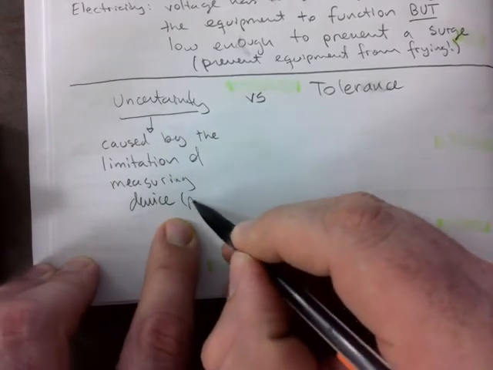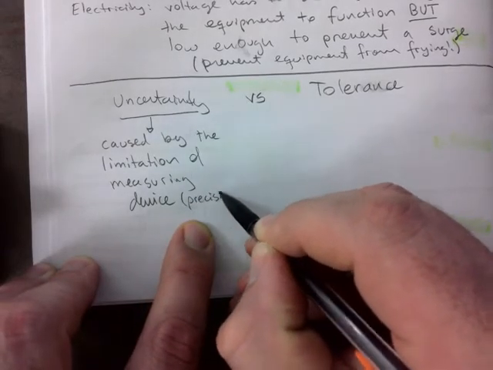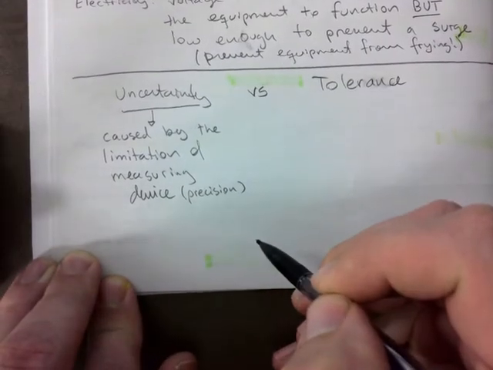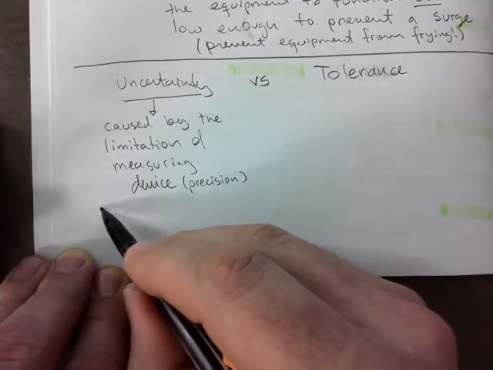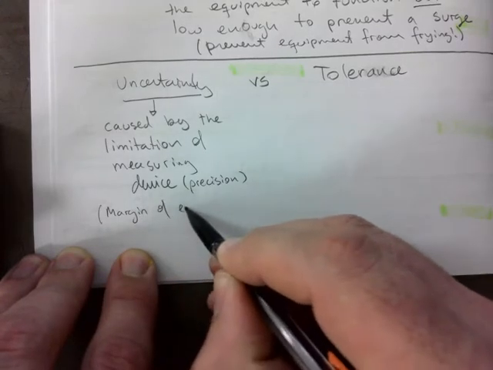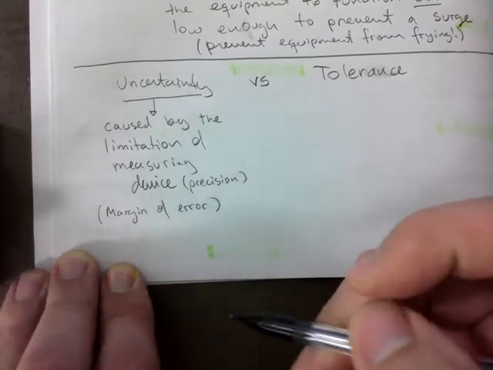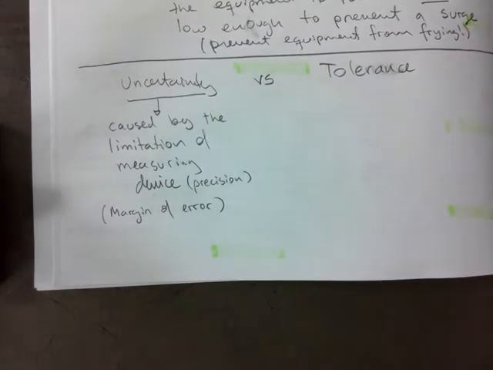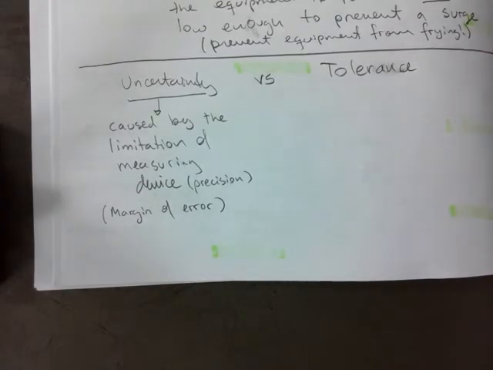And that's the precision, right? It's also known as the margin of error. Margin of error is like how much can you be off by? How much can a certain measurement be off by?